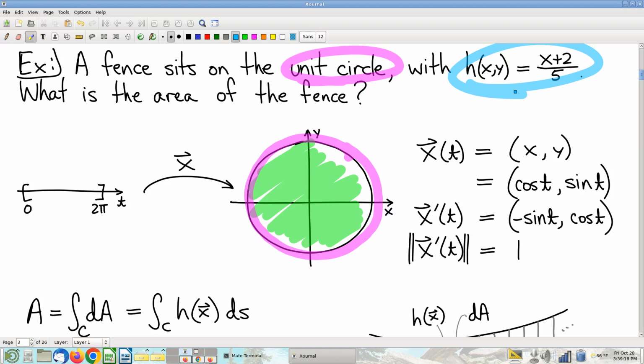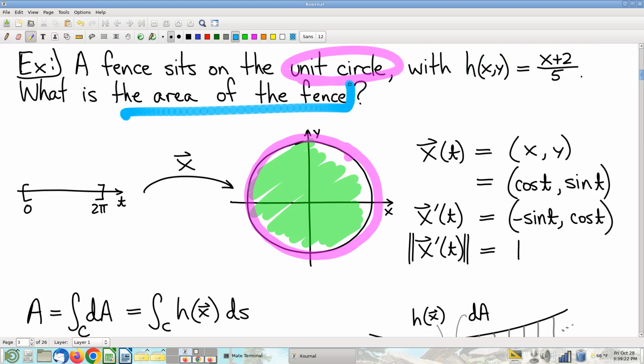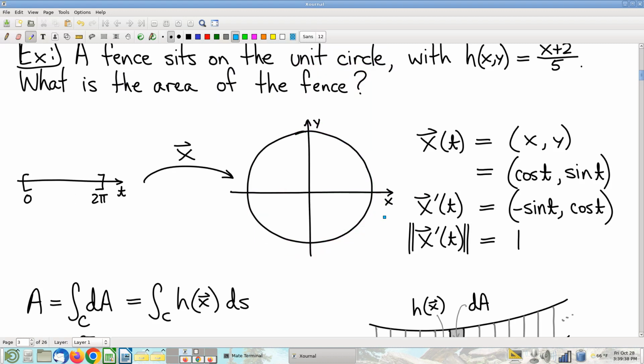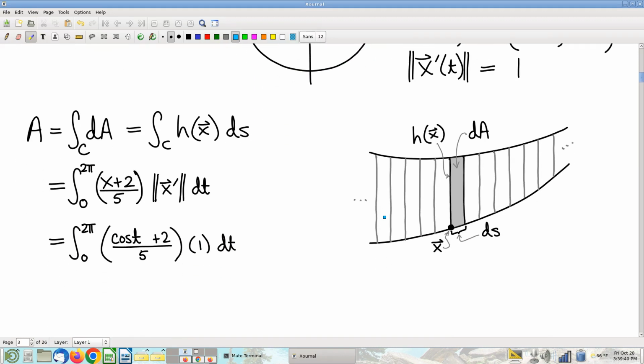And so if I want to know what the area of the fence is, I can't just multiply height times length of the fence, the circumference of the circle, because the height's not constant. Okay, what I can do, however, is argue that for a certain piece of the fence, here's my piece of fence, sort of blowing it up large.